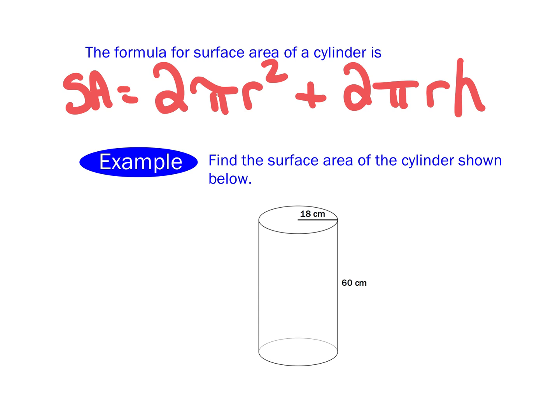And just so you know, the 2 pi r squared part is all about the top and the bottom circles.